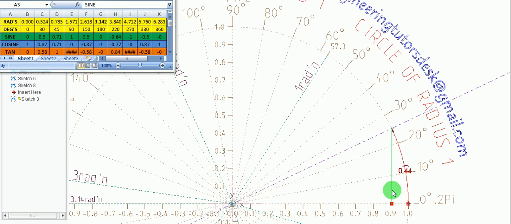This line is called sine. Sine is simply the name of one line.